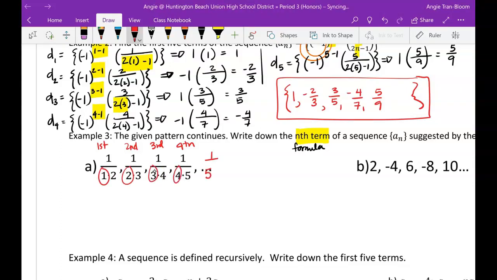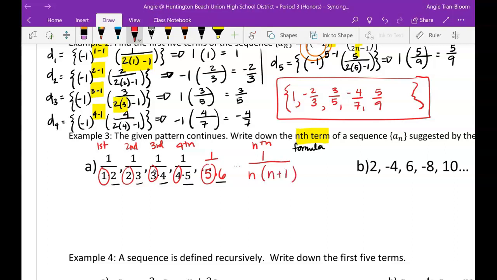So if I had to guess, the 5th term would have the 5 times 6, according to the pattern. If it's the nth term, everything has a 1 on the top. All of these have an n, and the other factor looks like it's just 1 more than the nth term, so that's going to be n plus 1.